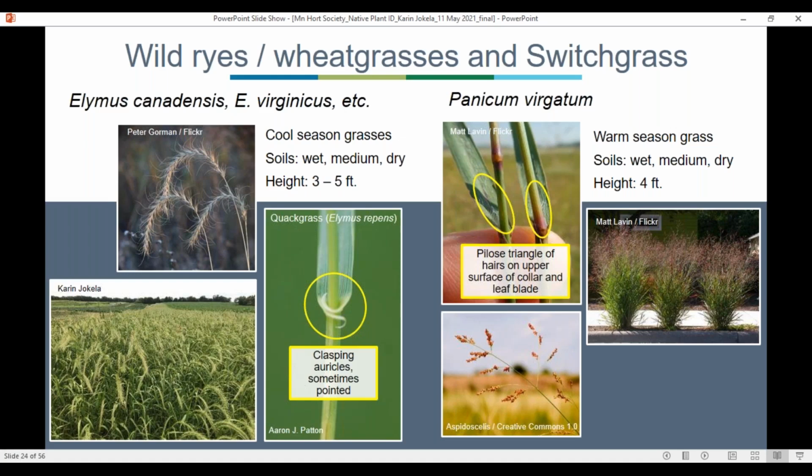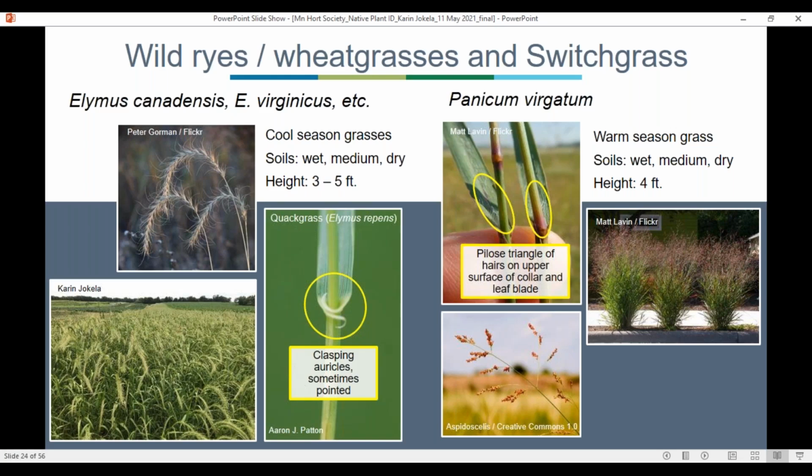But before then, you'll probably be looking at the ligule, or I mean the auricles, that often are kind of clasping the stem in this really finger-like way. Quackgrass, which is a non-native, is in the same genus and it has the most pronounced auricles. So that's really exaggerated. And it's worth noting that these can kind of wear down as the plant matures. So this is really in the immature phases that you'd be looking at that.